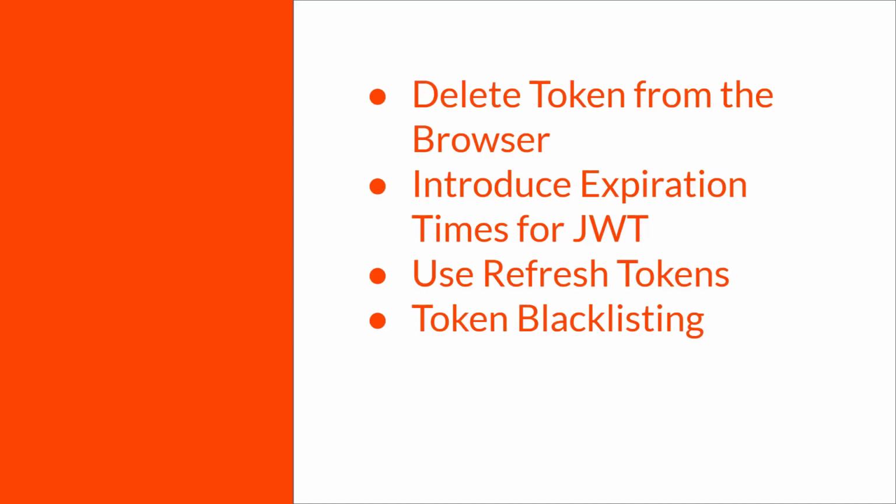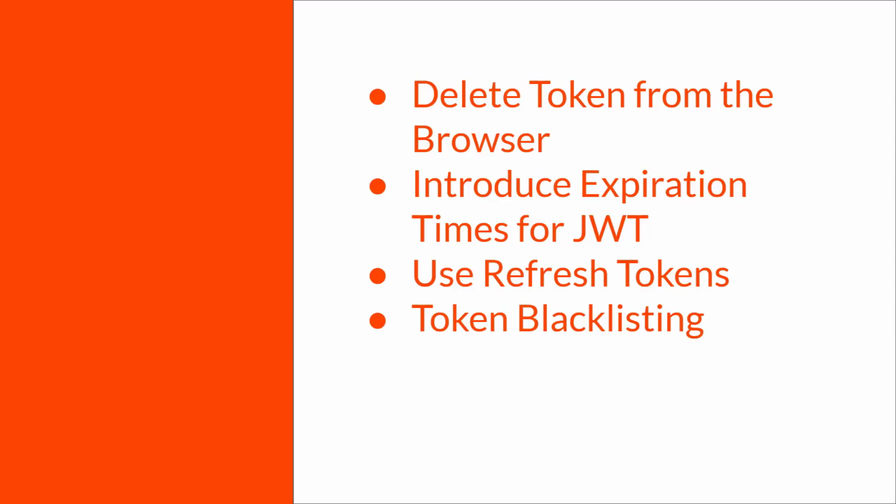The last solution is, when the user wants to log out, we just store the token inside a database, and then we check each request to see whether this token is inside the database or not. If it is inside the database, then we throw an error because this token is not valid anymore.